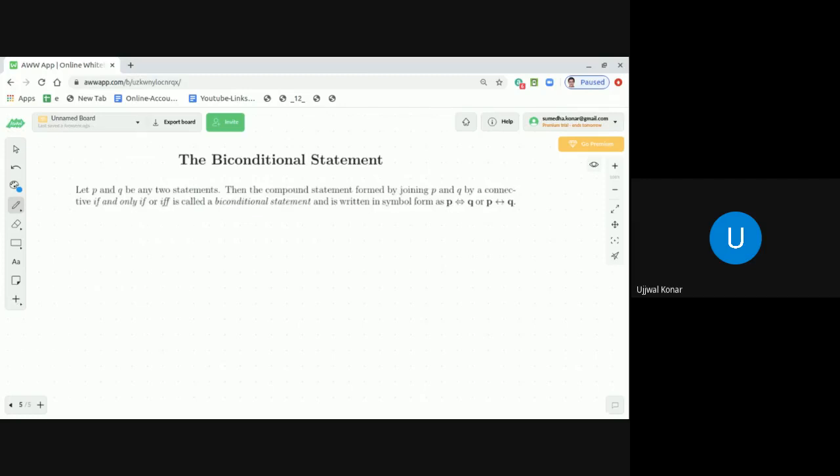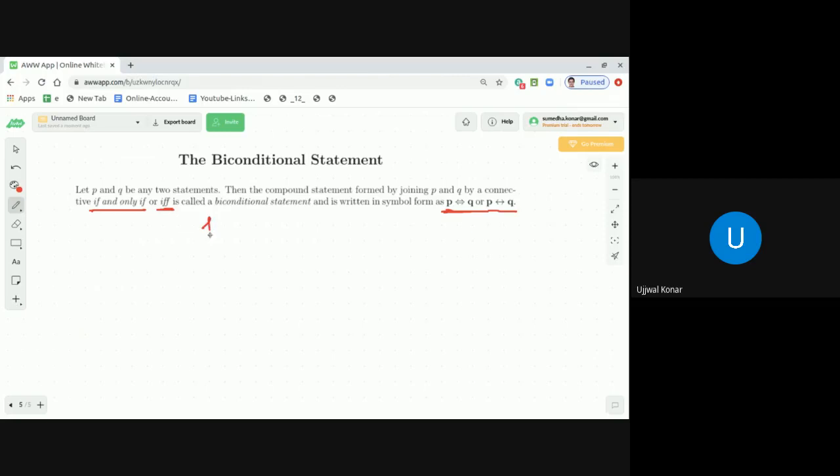Let P and Q be two statements. Then the compound statement formed by joining P and Q by the connective "if and only if", also known as IFF, is called a biconditional statement and is written in symbolic form as P implying Q or implied by Q. You see, there is a double arrow.